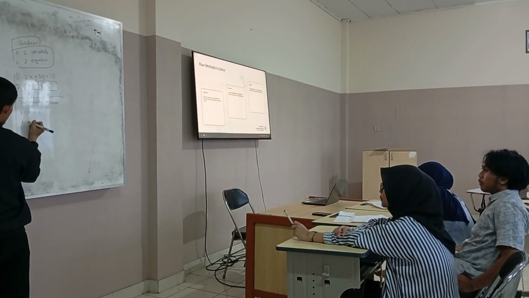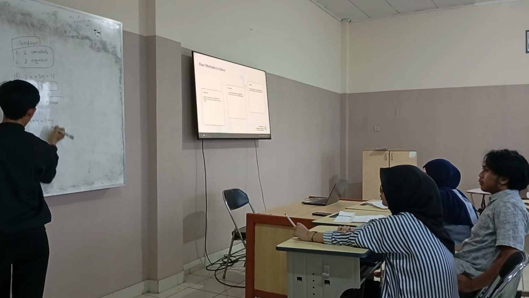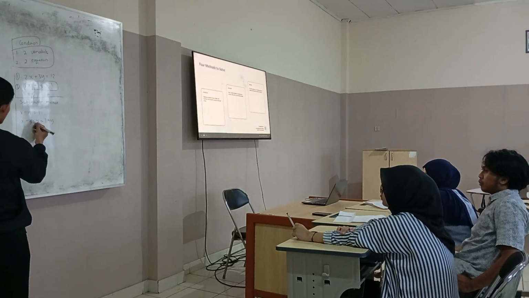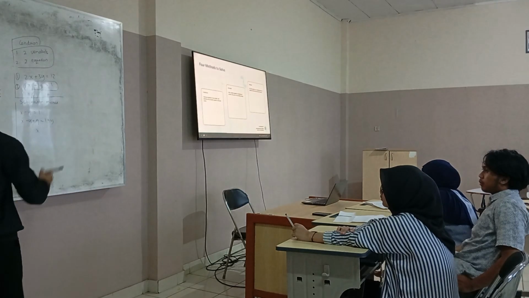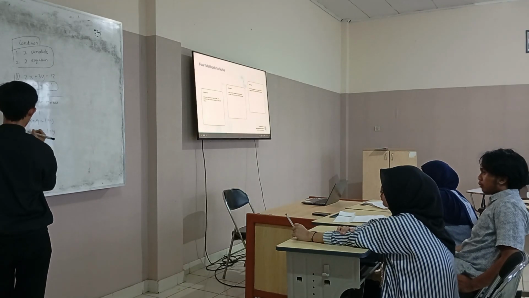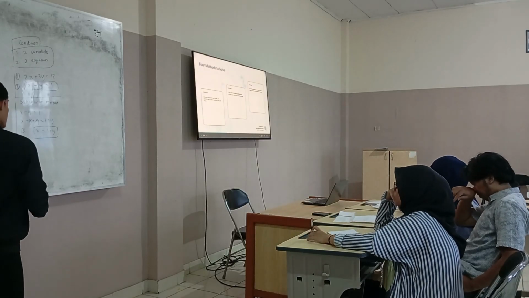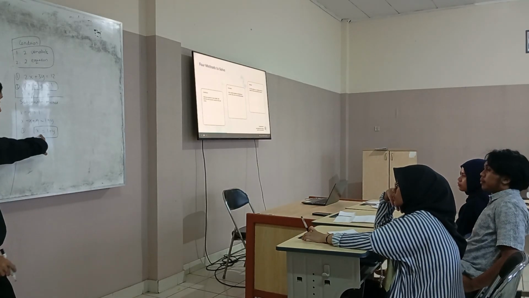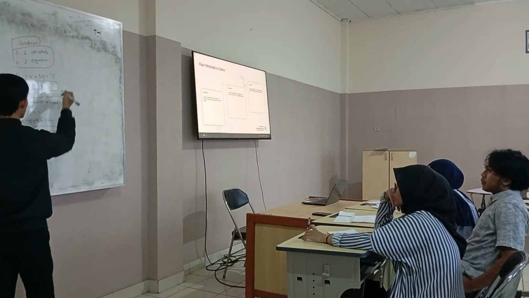So it will be x minus y plus y equals 1 plus y. So we can add it, and the left side is x, and the right side is 1 plus y. Now this is the first step. We get x equals 1 plus y. Now this will be a new equation, and we will input this into the first equation.